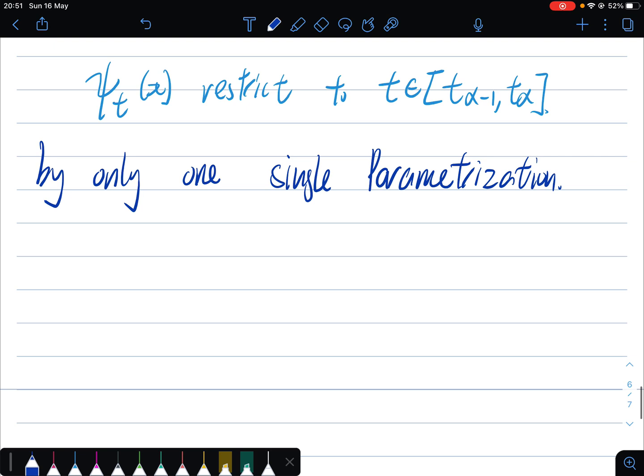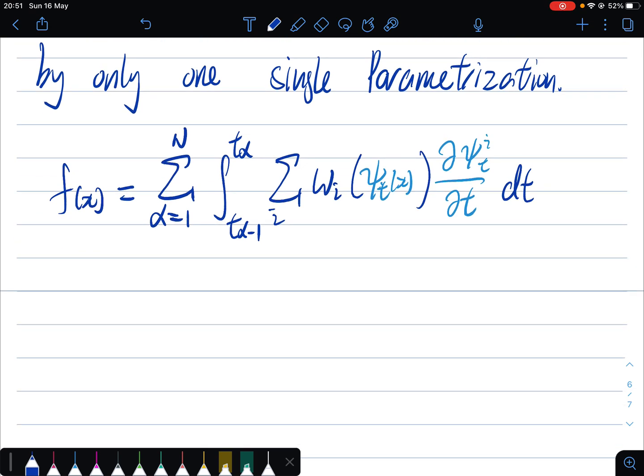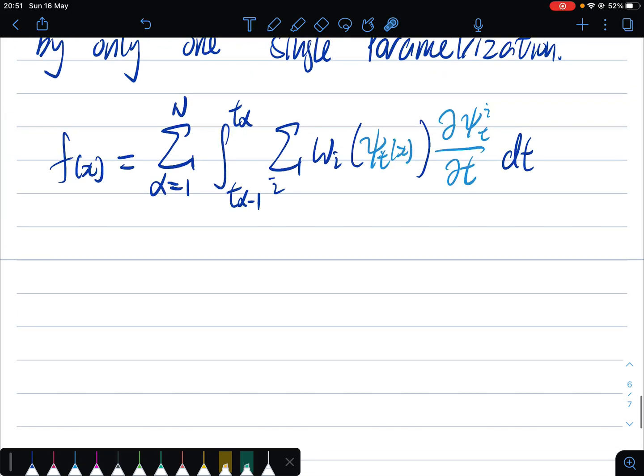Then by rewriting the scalar function with the local coordinate, and then using this formula, we take the differential, or I mean the exterior derivative, of this scalar function.